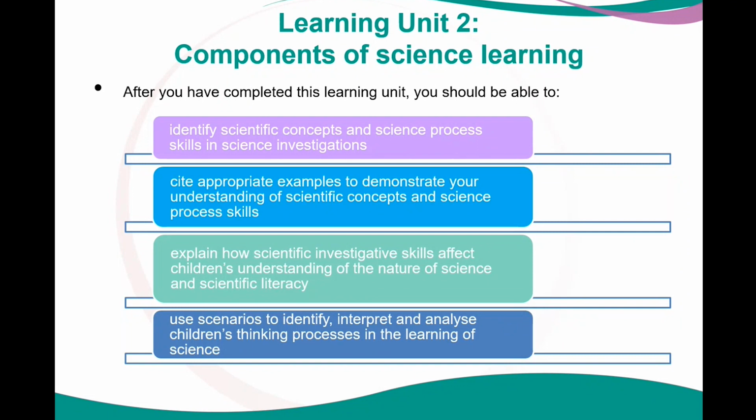You can use scenarios to basically identify, interpret, and analyze children's thinking processes in the learning of science. So remember, the key concepts in this learning unit are science process skills, science investigation, scientific concepts, knowledge trends, big ideas, habits of mind, and habits of body.